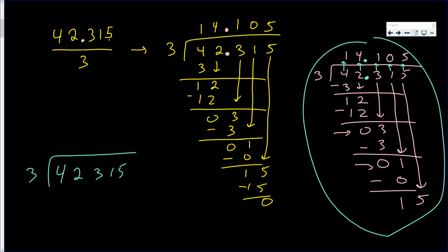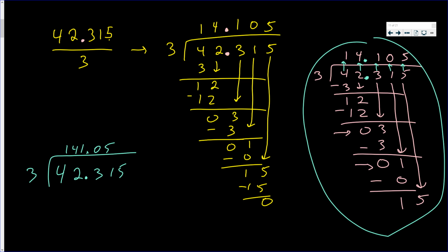I mean, if you write 1 4 1 0 5 and the decimal is here, well, is it here? Okay, you need to be neat about that.